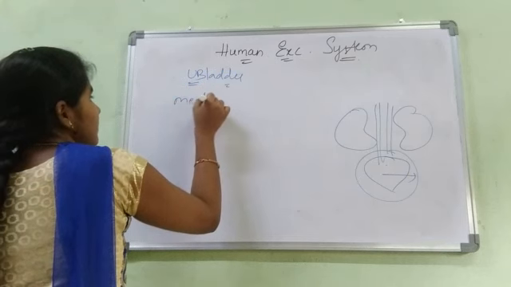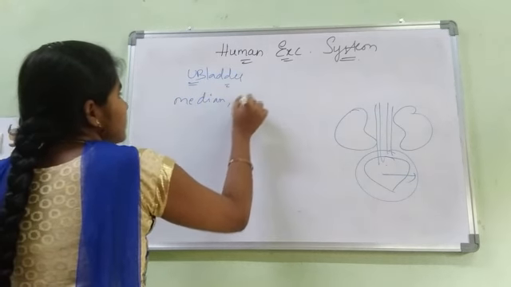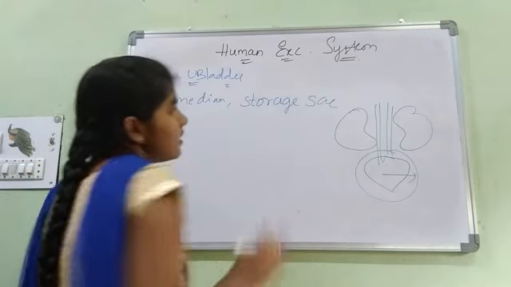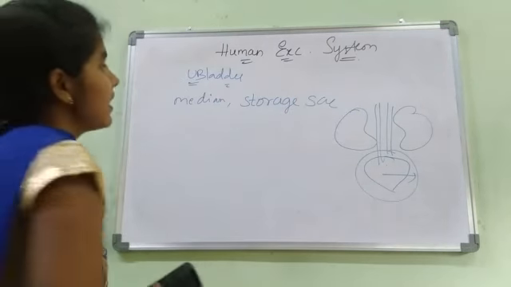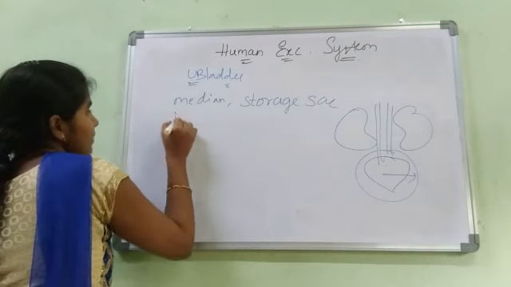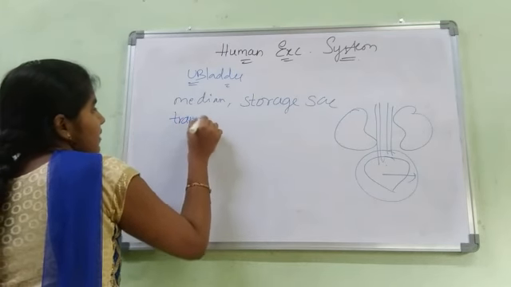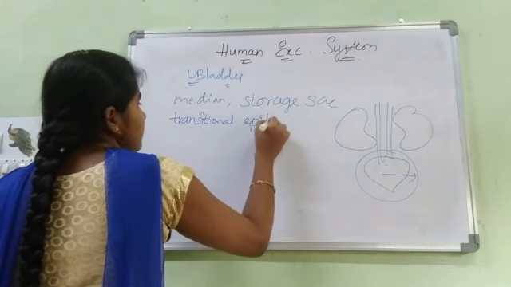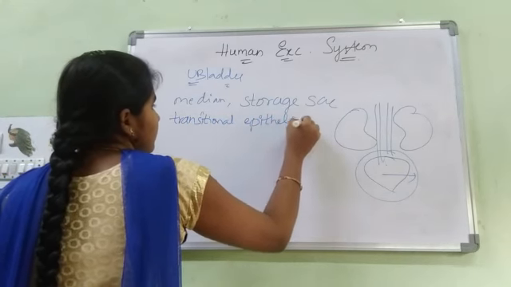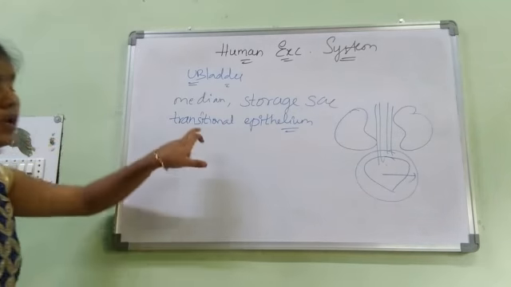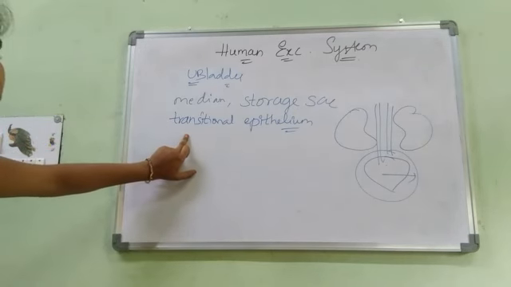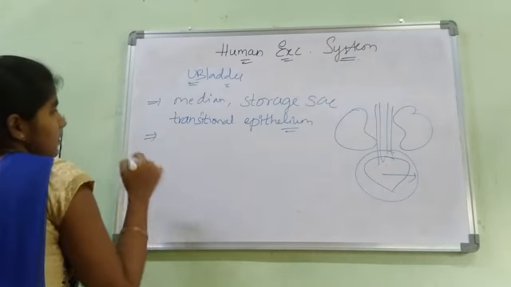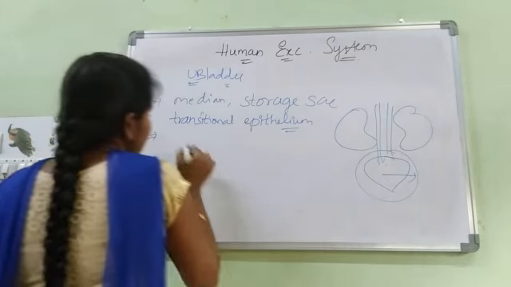It is a median storage sac as it stores the urine, and it is also lined by transitional epithelium. Note this down, friends, it is most important. Transitional epithelium, and it leads to the urethra.